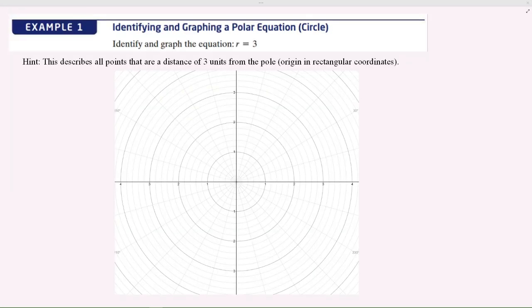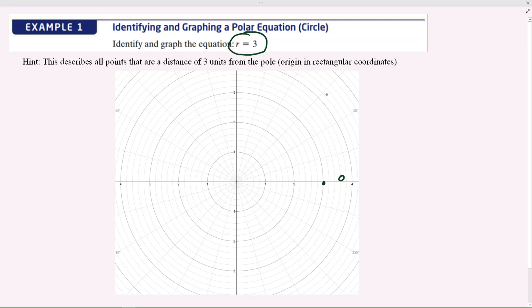Okay, so let's graph our first polar equation. It's going to be a simple equation where the only constraint here is that the radius from the pole is 3 units. So here we've got 3 units. Let's look at just our important key locations.